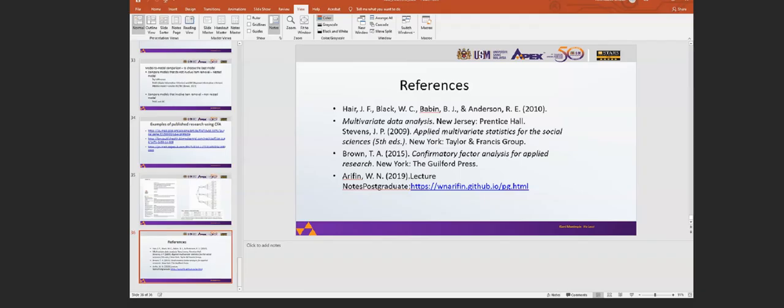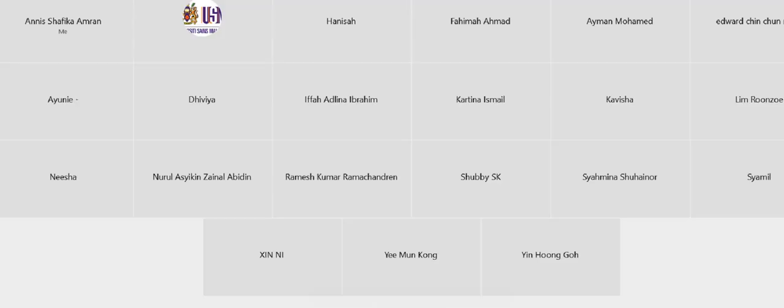But I'm not sure about projects for cognitive neuroscience. Usually I'm involved with cognitive neuroscience, and last year nobody used EFA or CFA for their research project. I'm not sure this year if you're interested in EFA or CFA analysis.